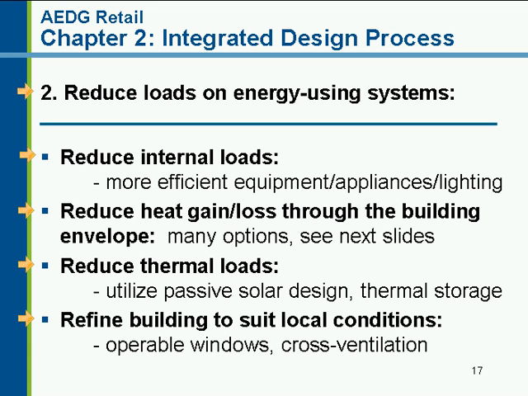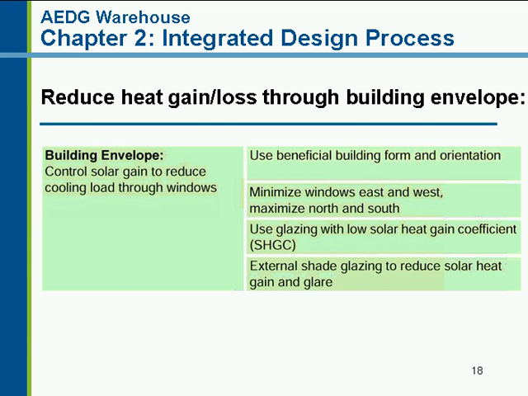Obviously, if you've got operable windows and you can set something up where you get cross ventilation, you get some natural ventilation, that's a good way to take advantage of the site and reduce the energy consumption. And again, it may influence where in the building you place the openings in terms of what adjacent buildings are nearby.